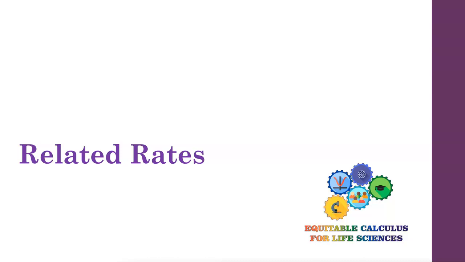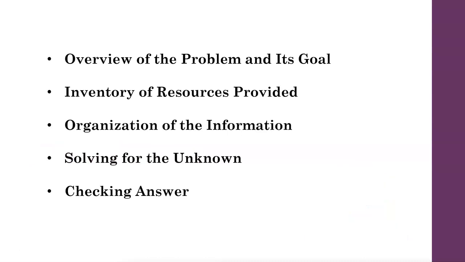As we look at these sorts of problems, here are the questions we may want to consider. The first thing we always want to do is have an overview of the problem and its goals, to make sure we understand it. Then take an inventory of what information I'm given and what resources I have available.